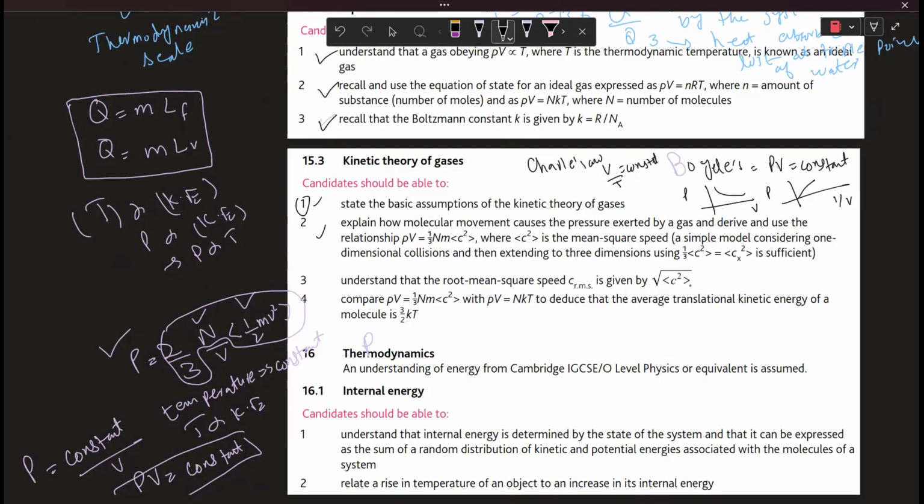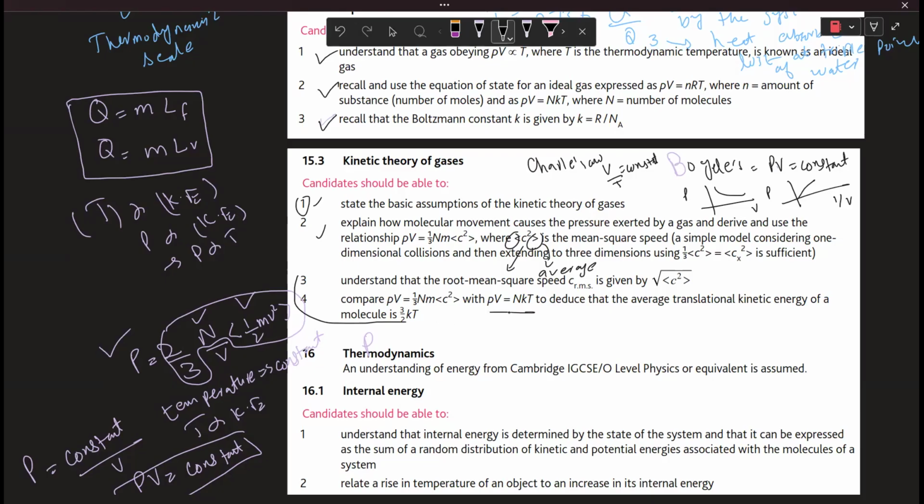What do we call this? Average speed. The brackets tell us that it's an average, and c is given as speed, so this is the average speed of the particles when it comes to kinetic particle theory.